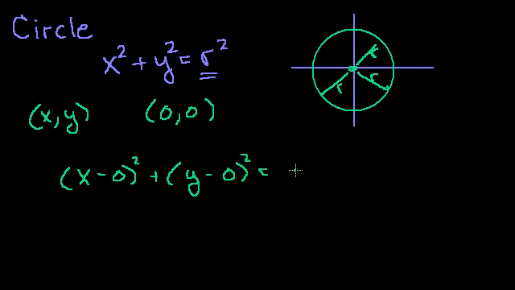And that is equal to the distance squared. If you simplify this, x minus 0 squared is just x squared, plus y squared, is equal to distance squared.